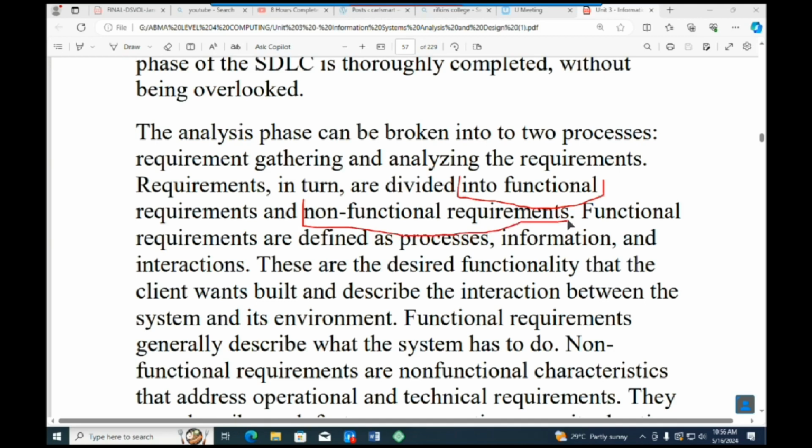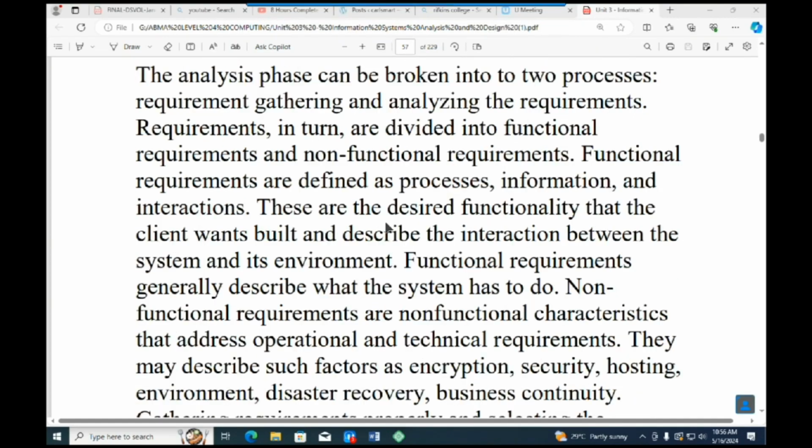So as we have gathered the requirements, we can group those requirements into functional requirements and non-functional requirements. Now, what are functional requirements? Functional requirements, we define them as processes, information, and even interactions.